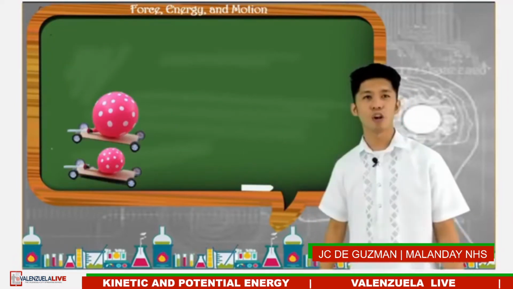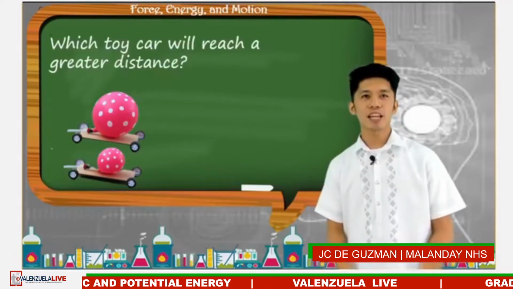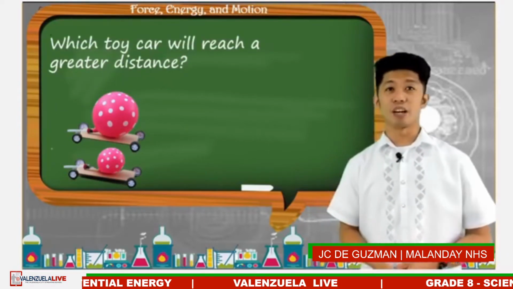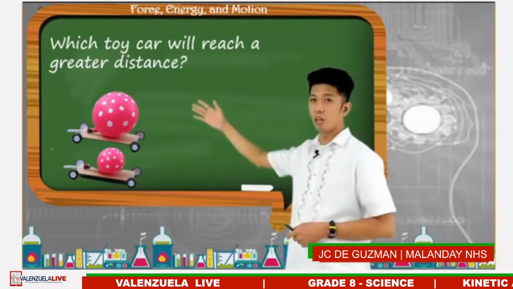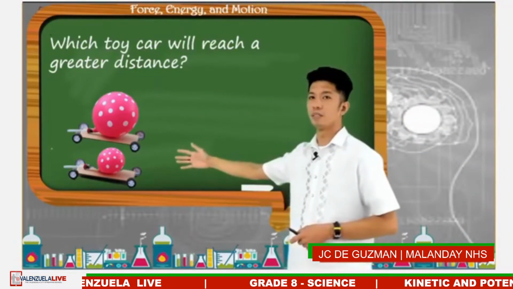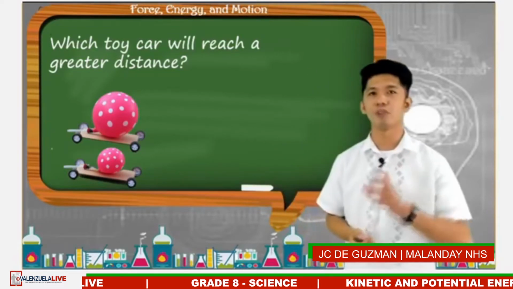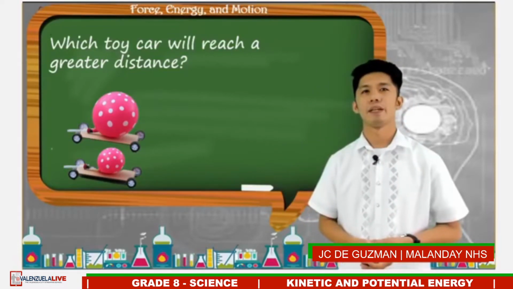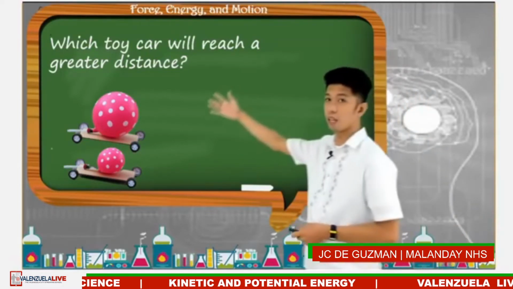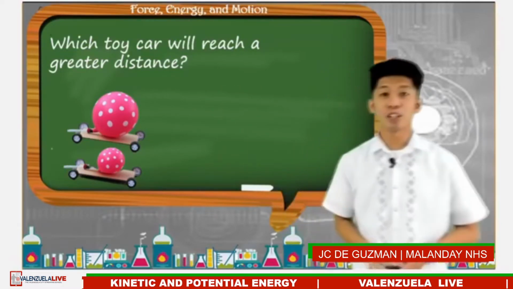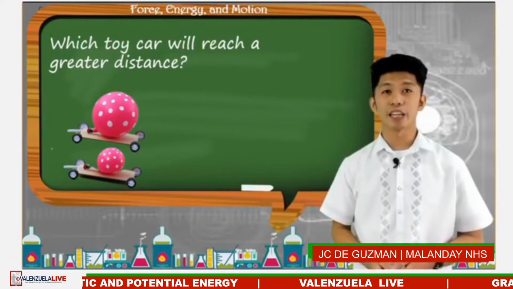Now we have two toy cars. The next question will be, which toy car will reach a greater distance, the bigger one or the smaller one, if you look at the air inside of it? Alright, definitely the bigger one, the swan. Why? Because it has more air inside of it.